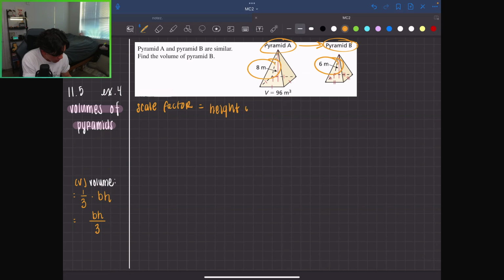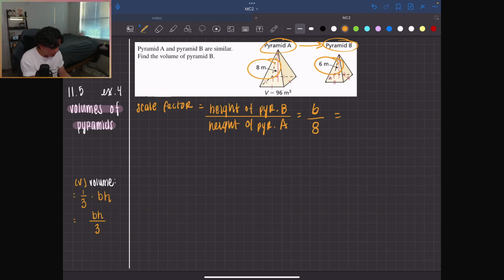Height of Pyramid B over our pre-image, the height of Pyramid A. Pyramid B's height is 6 and Pyramid A's height is 8, and this simplifies to 3/4. So our scale factor is 3/4.